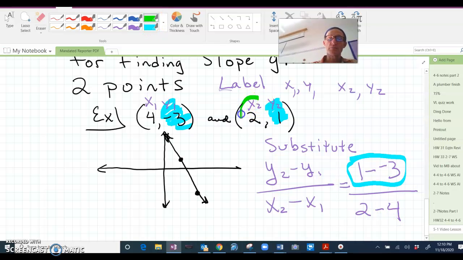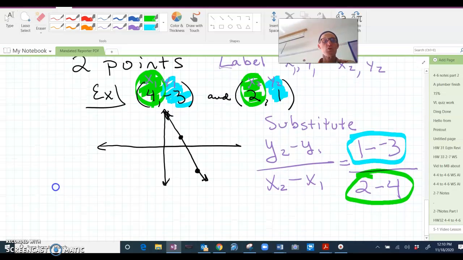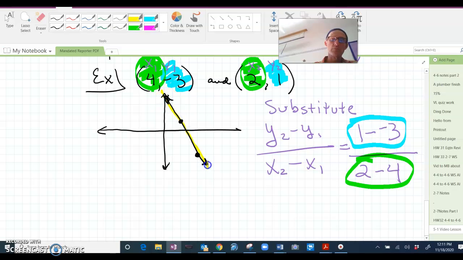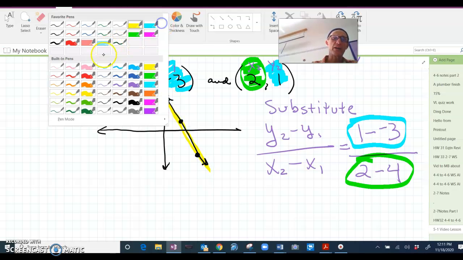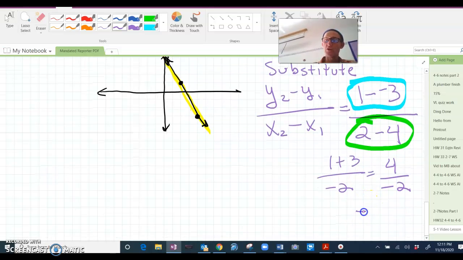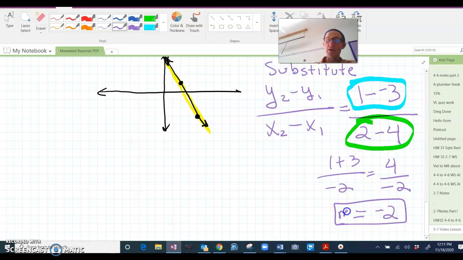Do you see it? So the slope of this line in yellow, we calculate here. It's 1 plus 3 over negative 2, or 4 over negative 2, which is equal to negative 2. So m equals negative 2.